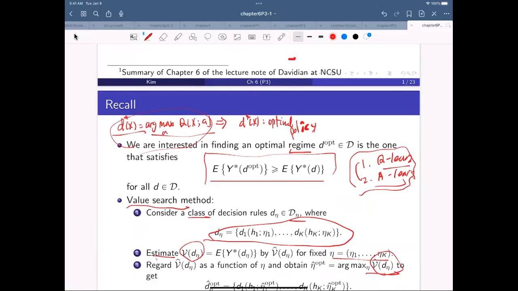But the Q function requires a model assumption, right? Even if you know the Q function, that does not give you the best one. Q learning is just the outcome model, so it only uses the outcome model.